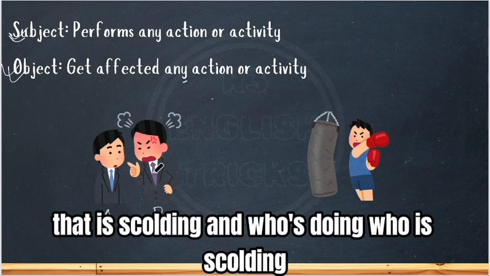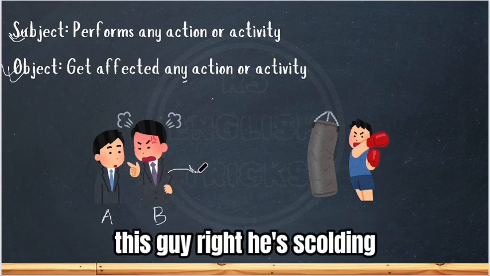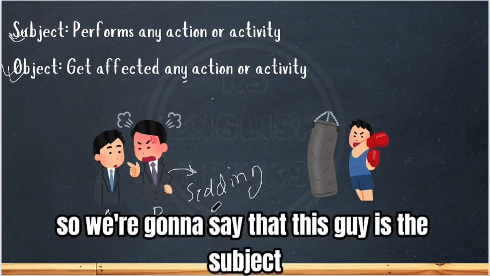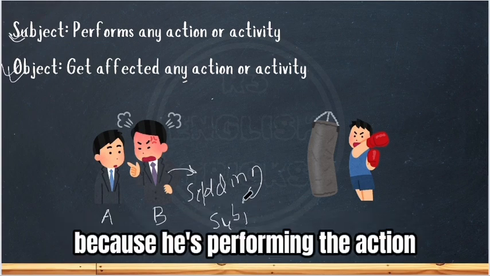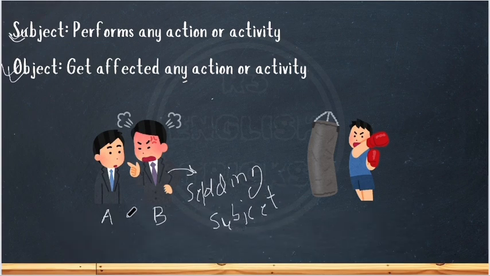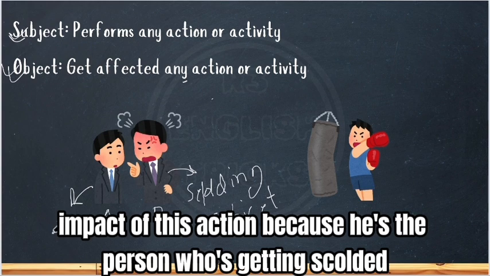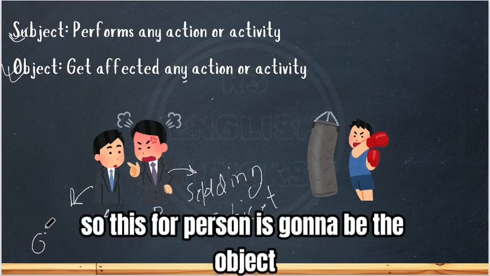And who is scolding? This guy, right? He is scolding. So we're going to say that this guy is the subject because he is performing the action. And person A is getting the impact of this action because he is the person who is getting scolded. So this person is going to be the object.